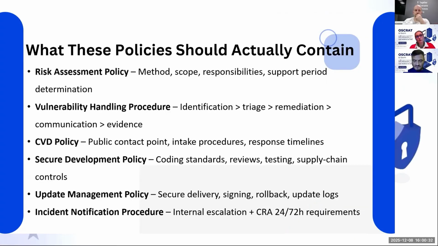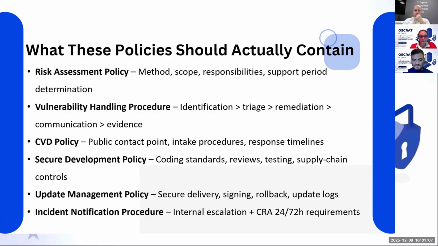So a few words about what they should actually contain. First of all, it's good for policies to be short, clear, actionable, and also practical. It's also my advice to include direct links with CRA obligations.